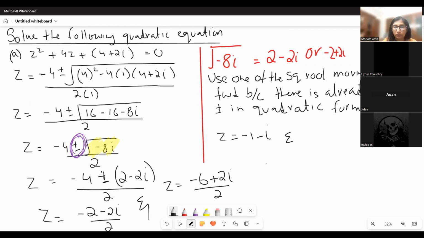So that is z equals minus 3 plus iota. Okay, the answer. Minus 1 minus iota, minus 3 plus iota, yes.